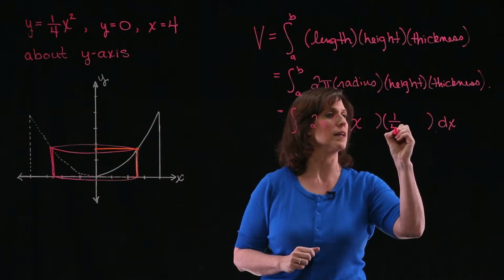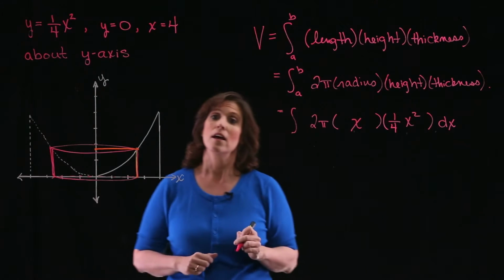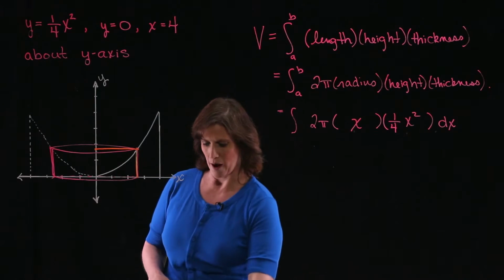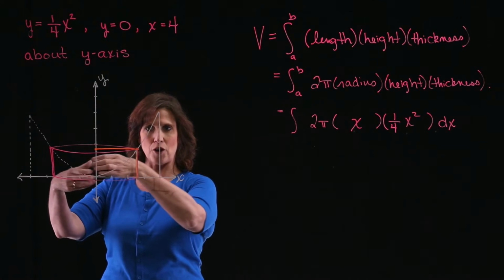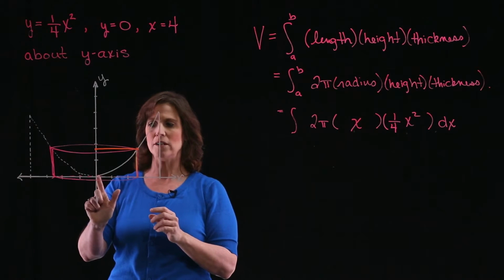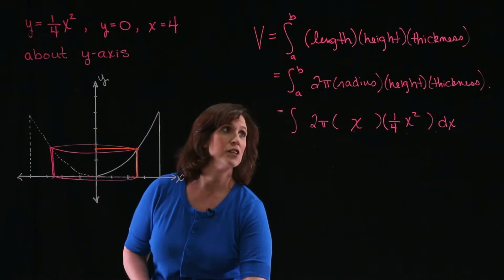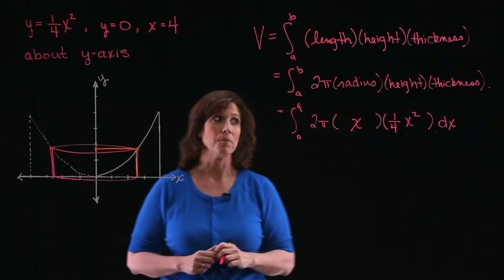So I can fill this in with 1/4 x squared. The only thing missing now are my limits of integration. From where to where? Remember, I'm starting with shells on the inside and they're going out. So I'm going to start with x equals 0 and come out to x equals 4. So I'll be integrating from 0 to 4.